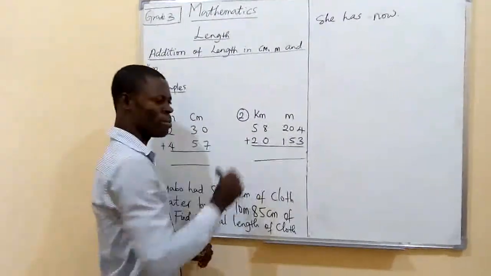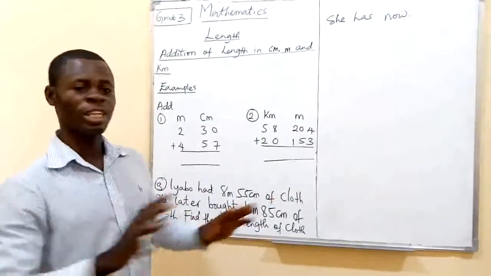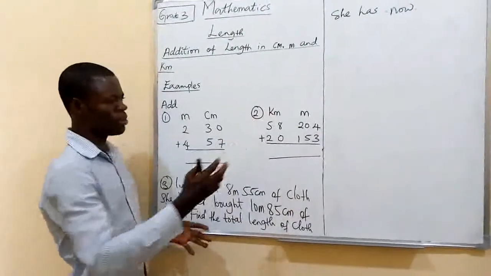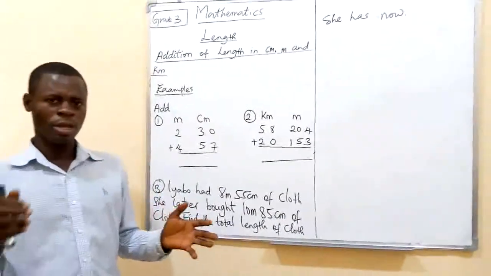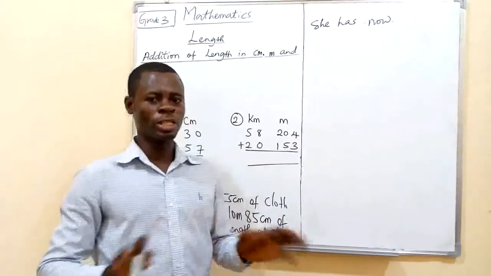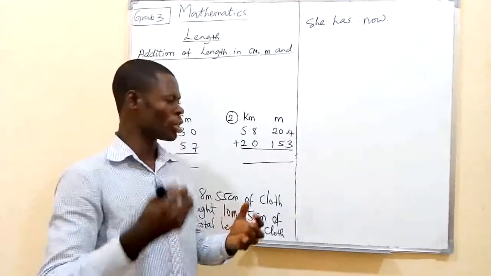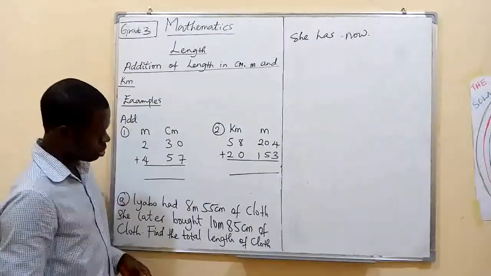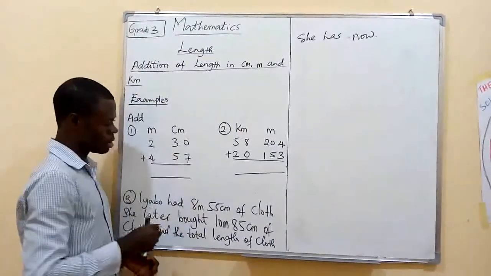Where you have km, you know it's kilometer. Every other thing about addition remains the same. So the actual methods you use in adding are the same methods you have to use here to add your numbers.